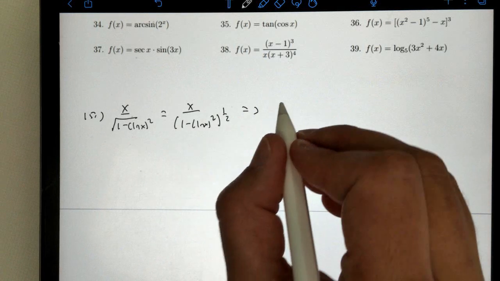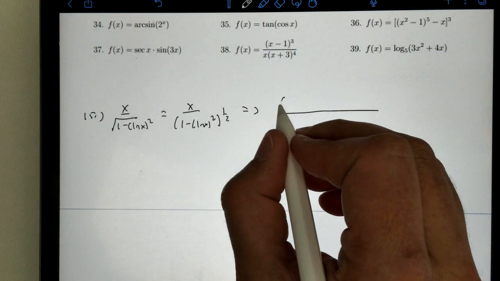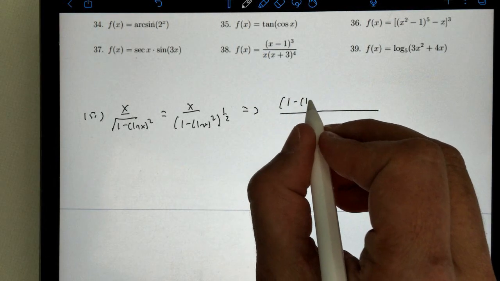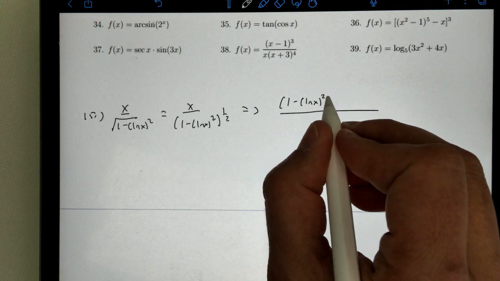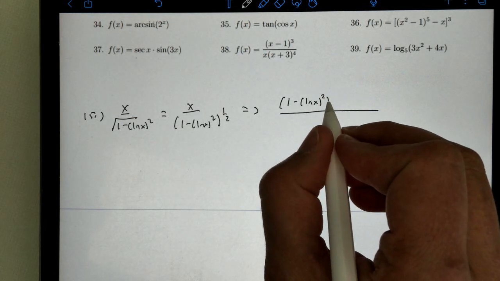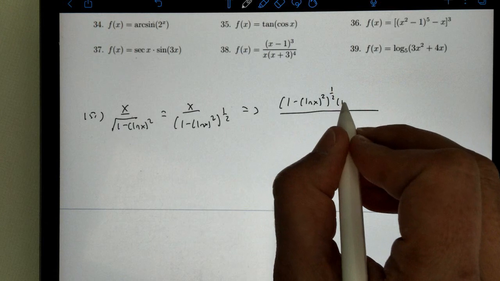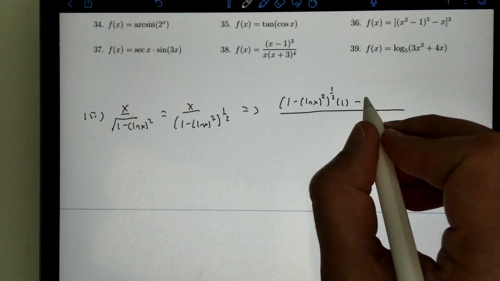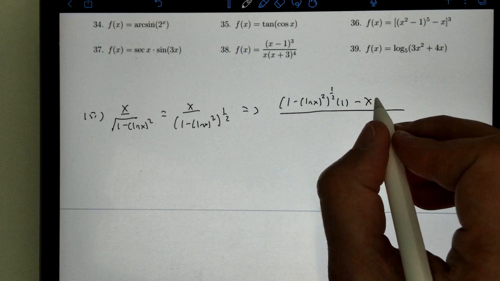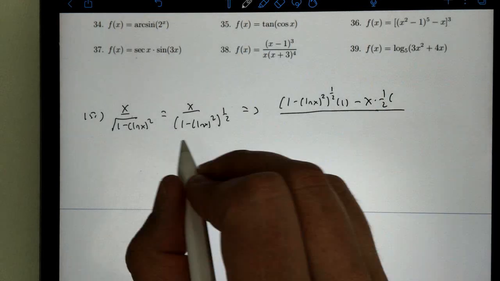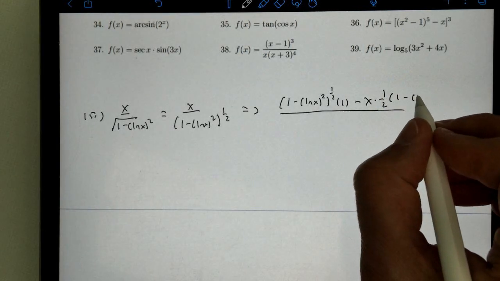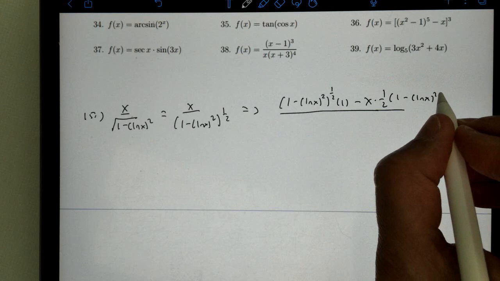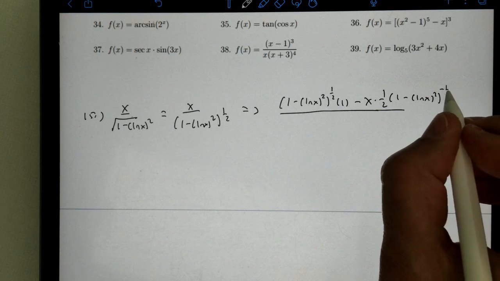Take the derivative, quotient rule, low, 1 minus the natural log of x squared to the 1/2 times 1 minus high times the derivative of the bottom, which is 1/2, and this becomes 1 minus the natural log of x squared to the negative 1/2.